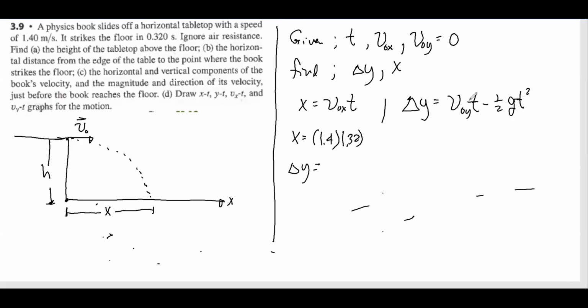The initial velocity in the y direction is 0, so this is minus 1/2, 9.8, 0.32 squared. What we've done there actually is to locate the origin at this point. We get a negative delta y, it falls down.